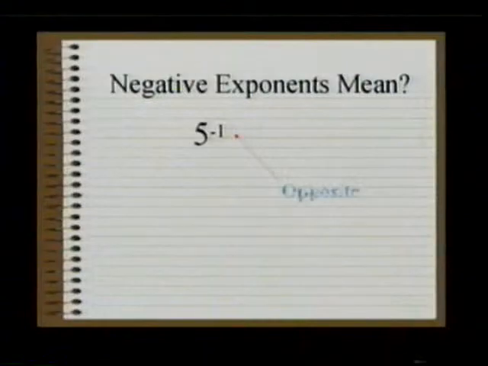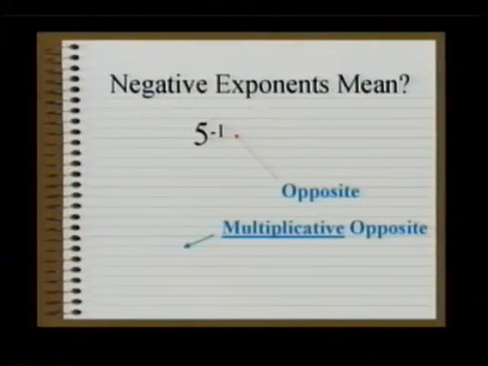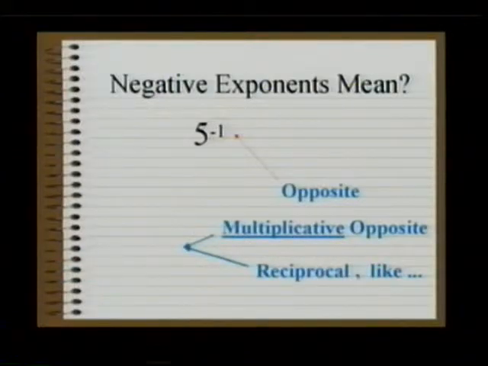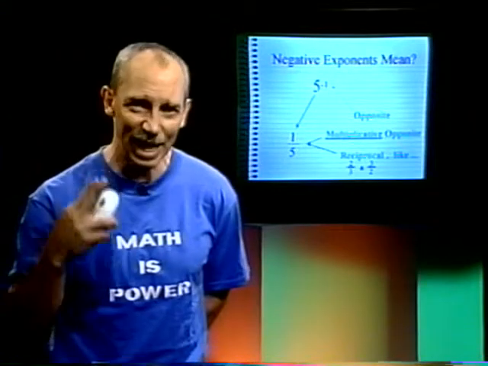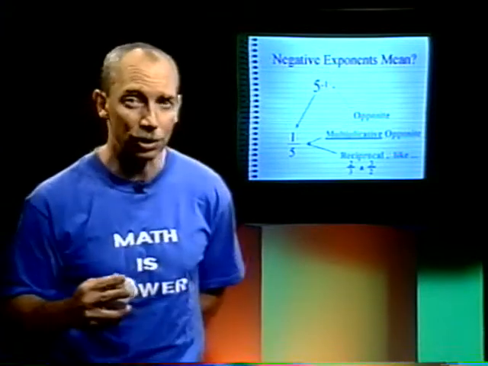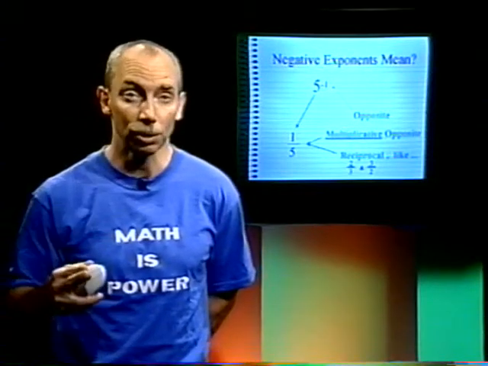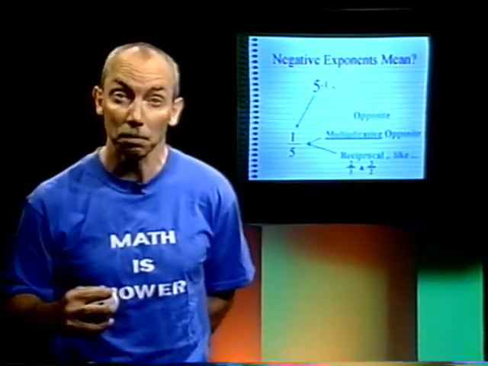So 5 to the minus 1 power, the multiplicative opposite of 5, or reciprocal, shouldn't surprise you, like 2/3 is to 3/2. 5 to the minus 1 takes 5 over 1, which is what 5 normally is, and reciprocates it to 1 over 5. That's what we mean when we say negative as an exponent. Not an additive opposite. Negative's in a different position. We need a multiplicative opposite.